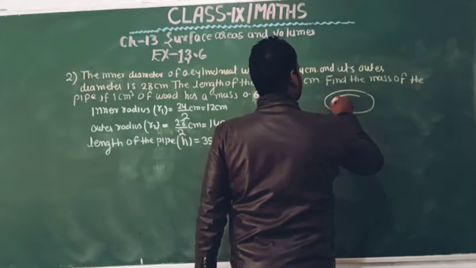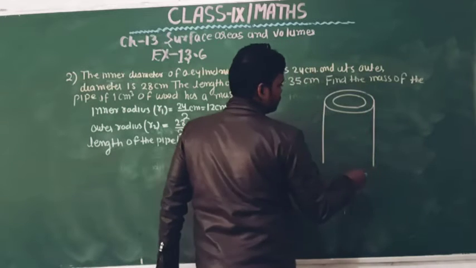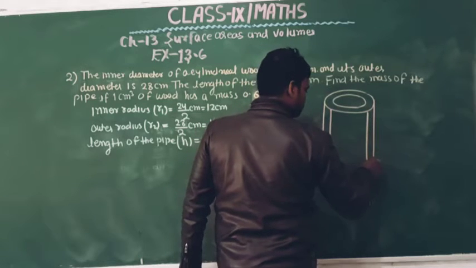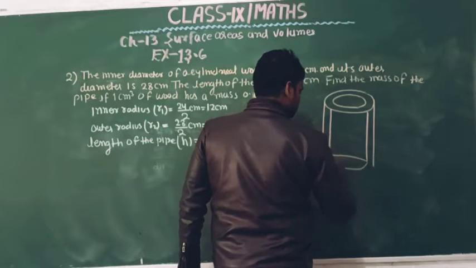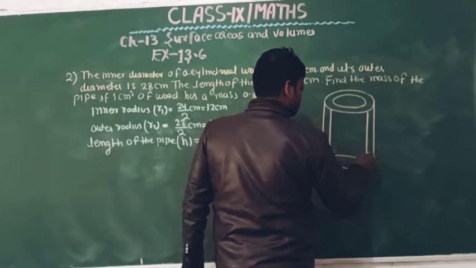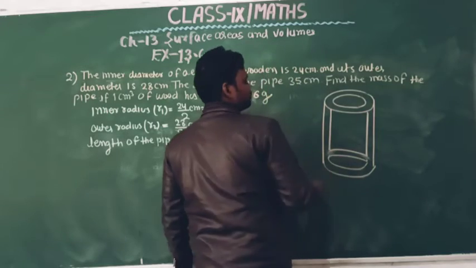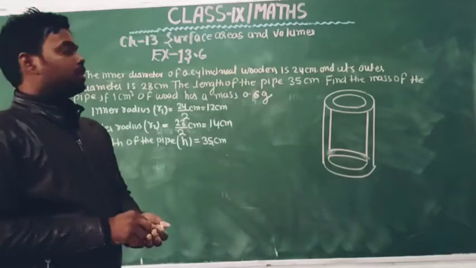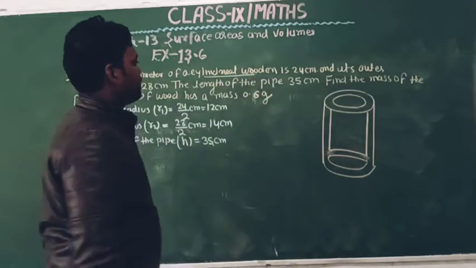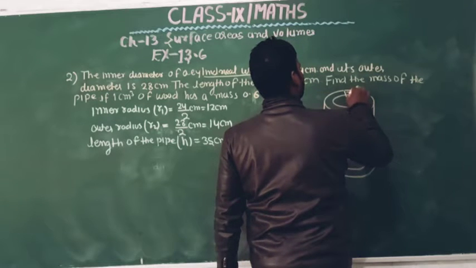This is just a cylindrical wooden pipe. Its inner radius is r1 and this is the outer radius r2.